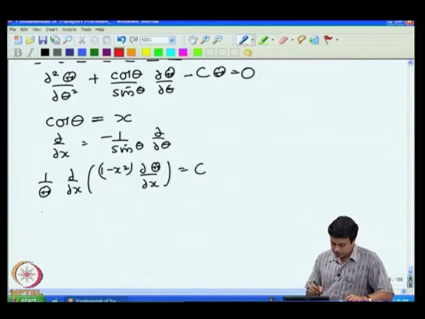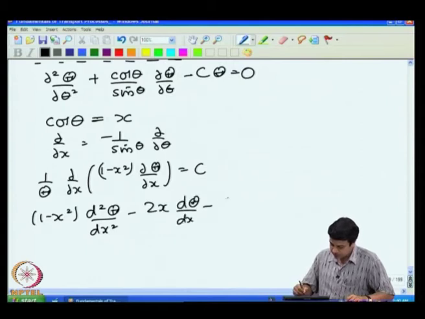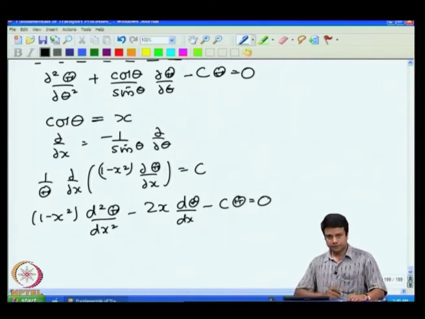And if I expand this out, I will get 1 minus x square d square theta by dx square minus 2x d theta by dx minus c theta is equal to 0.